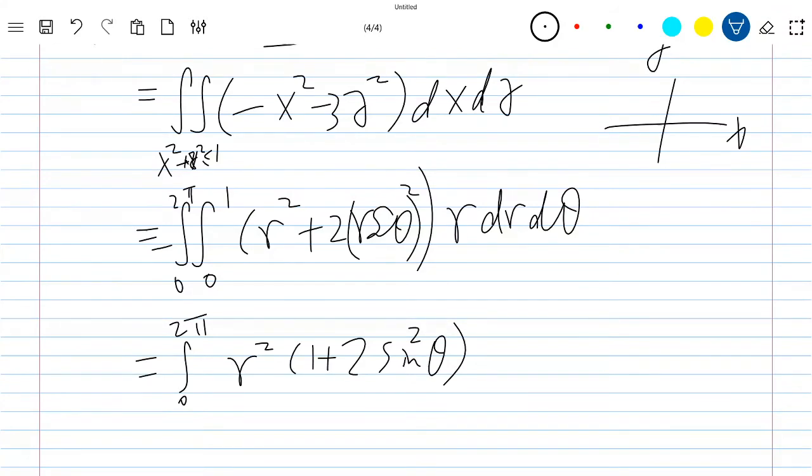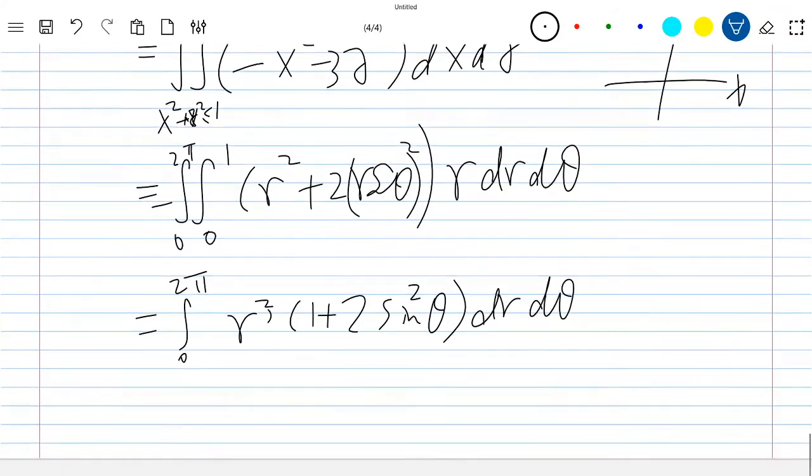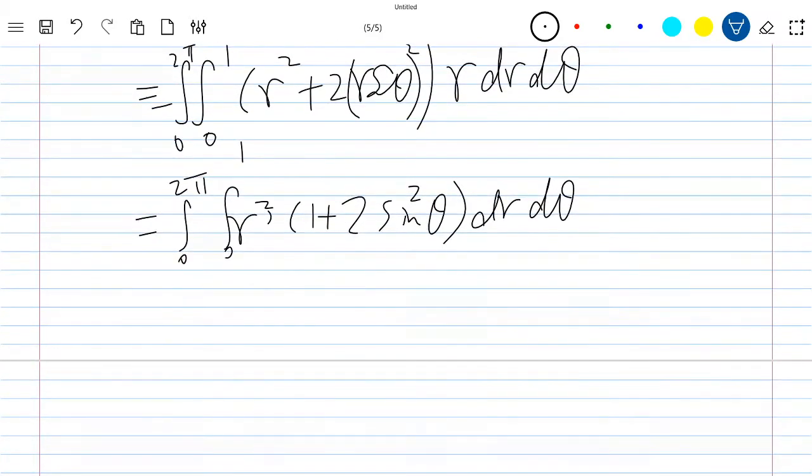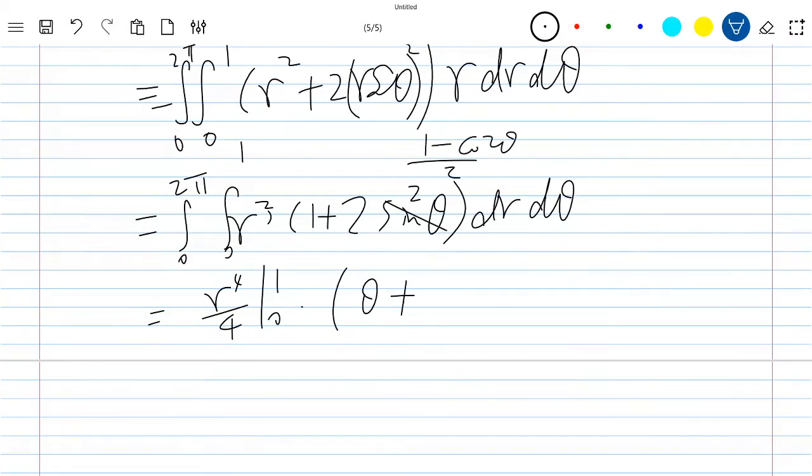Then r has another one, so r cubed dr. So you can do it separately for r and theta. For r, you have just r to the 4th over 4, from 0 to 1. And for theta, you have theta plus, and this one becomes 1/2 times 1 minus cosine 2 theta.